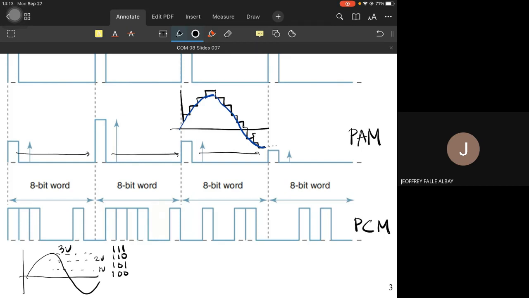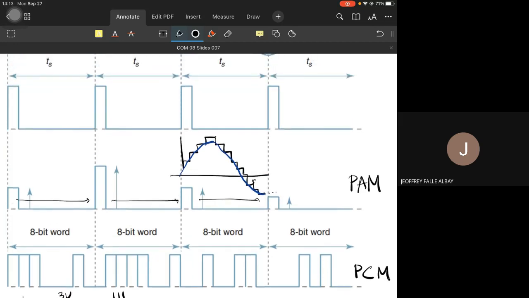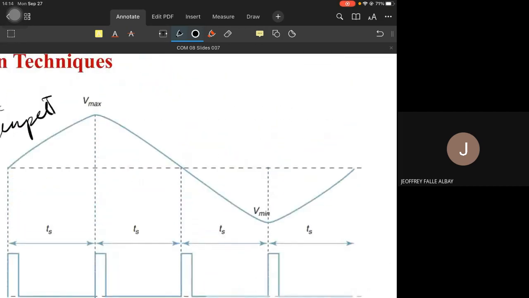In this case, in the example earlier, this is an n-bit word.